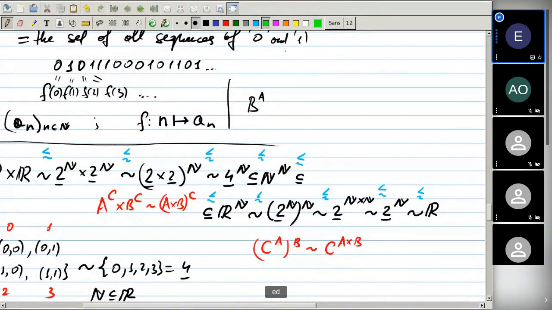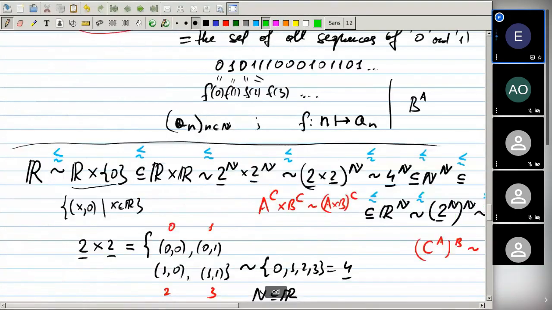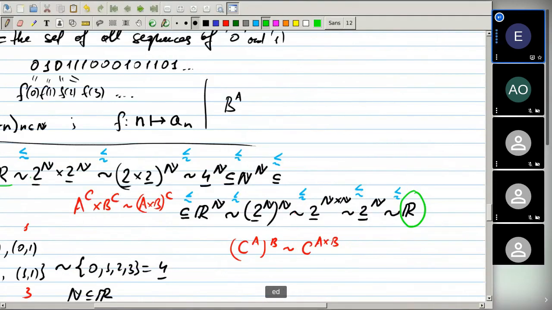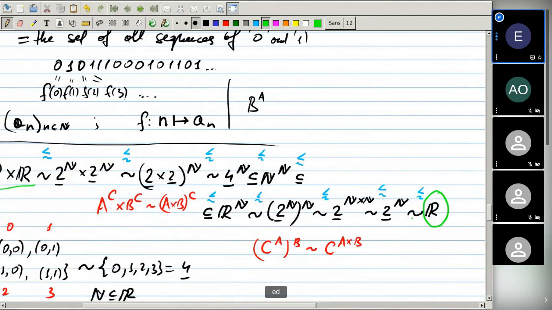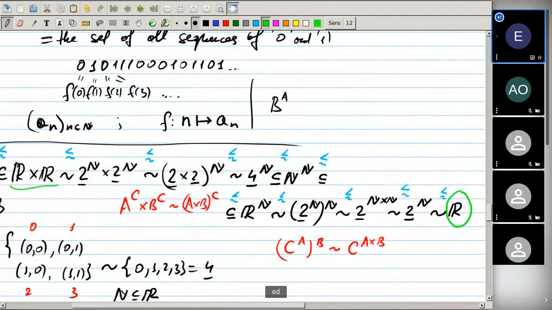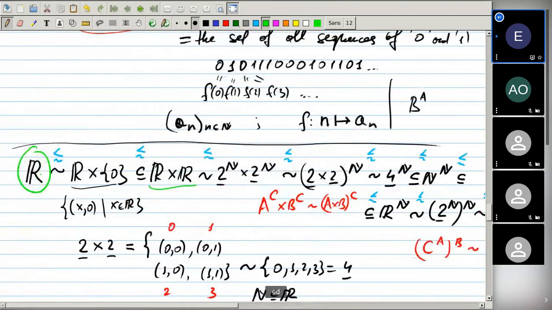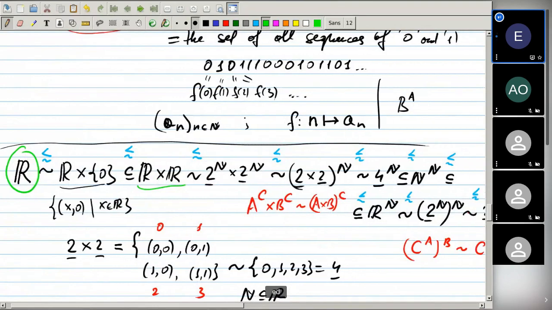We see that every and each set in this chain has no less elements than R and no more elements than R has. Is it clear? Yes. Every set here is embeddable into the set of reals, and the set of reals is embeddable into every set in this chain.